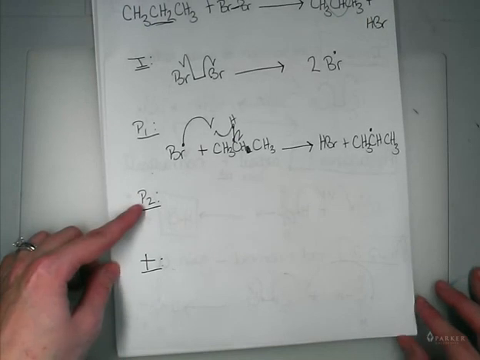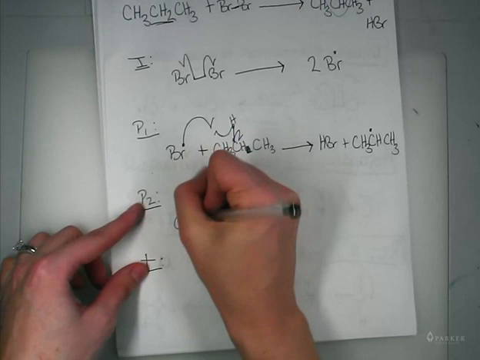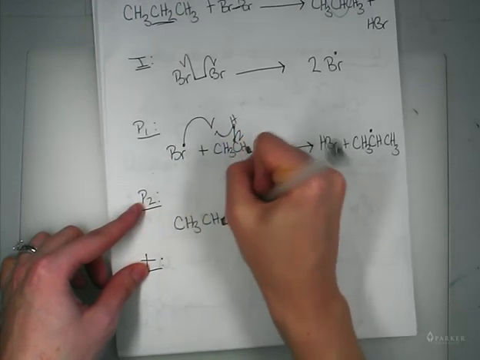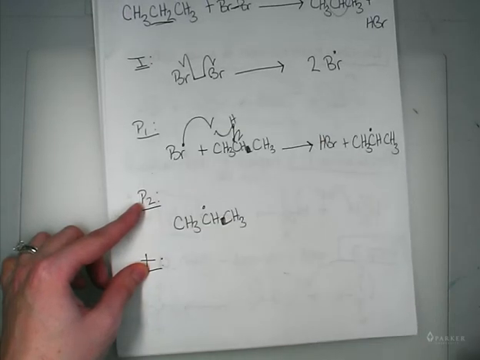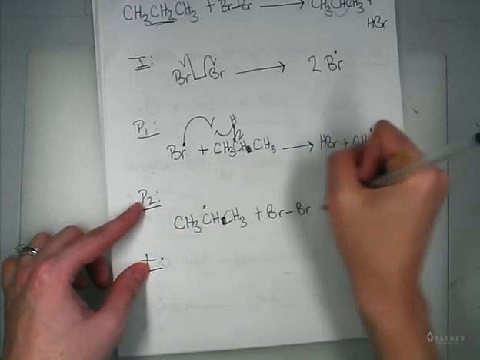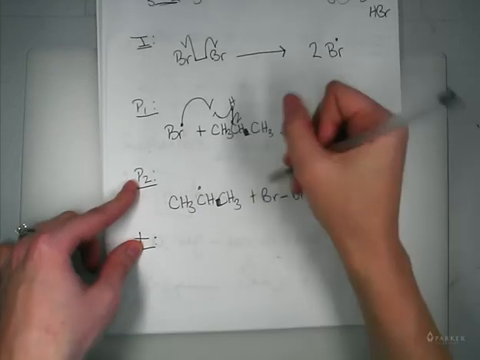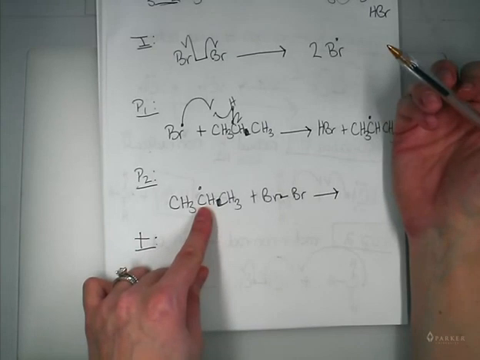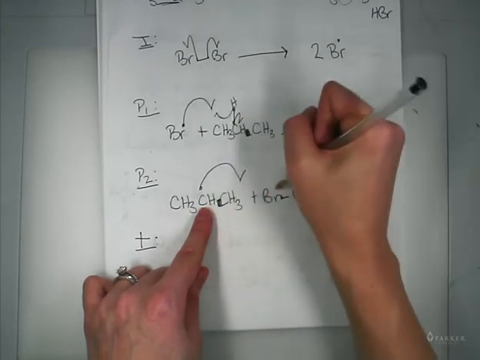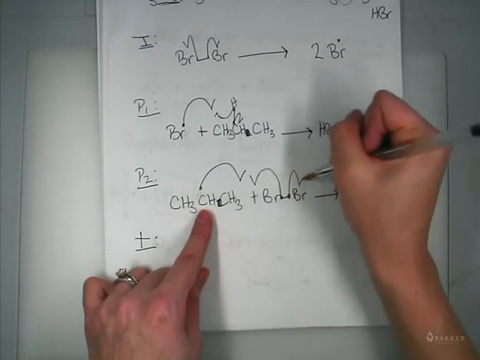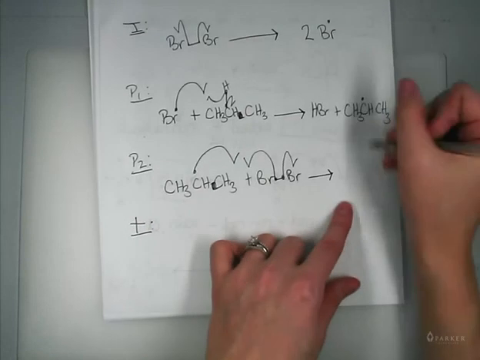What radical do I use right here? The propane radical. And what is it going to react with? The 2 bromines bonded together. Okay, so this carbon's going to make a bond with what? One of the bromines. And then this electron will stay on itself.